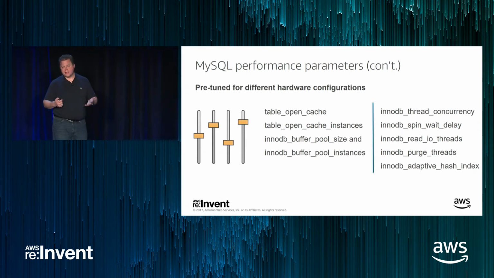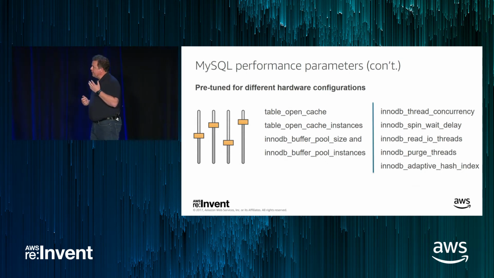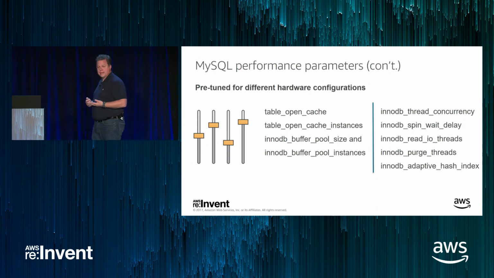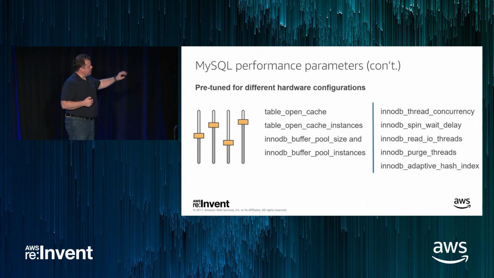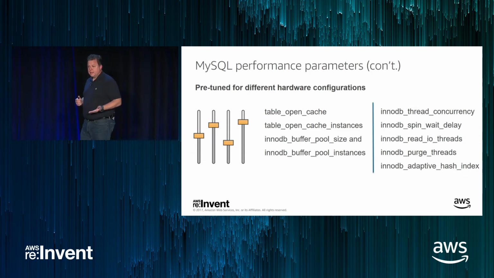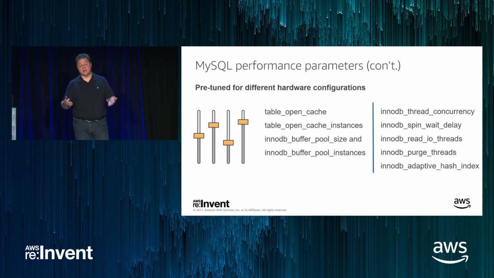We've taken those best practices and pre-tuned these settings that you would otherwise normally tune. The way they're tuned has a lot to do with the instance type and the instance size. Depending on what type of instance you have and the size, which has a direct impact on how much memory, CPUs, et cetera, are part of that instance, these will be tuned specifically for those.